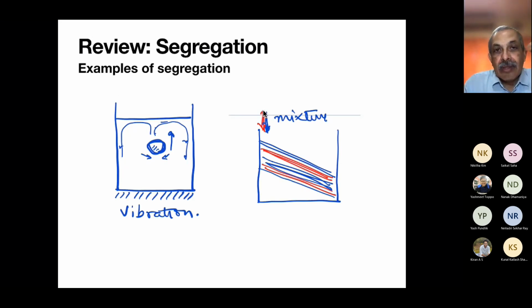Then what we started talking about was segregation. Here the idea is that if you have particles which are dissimilar, then they will spontaneously separate out.